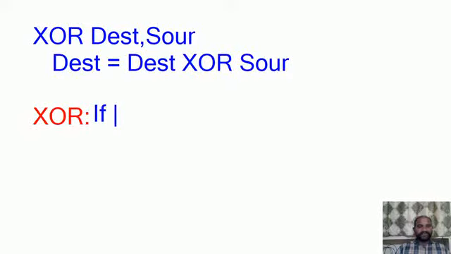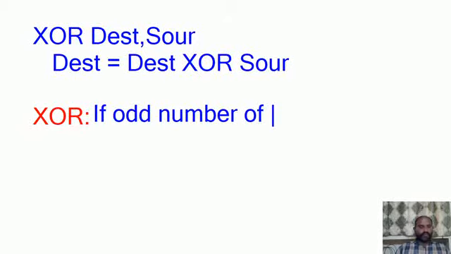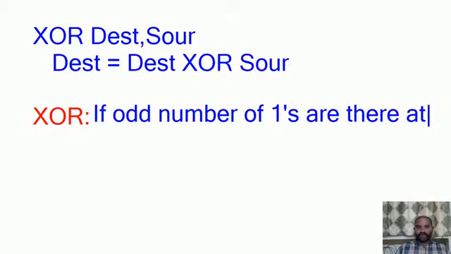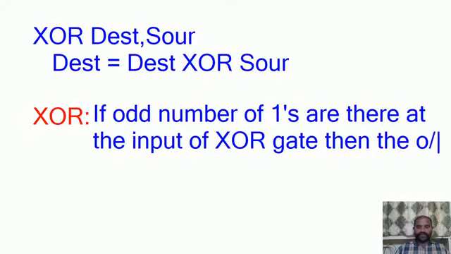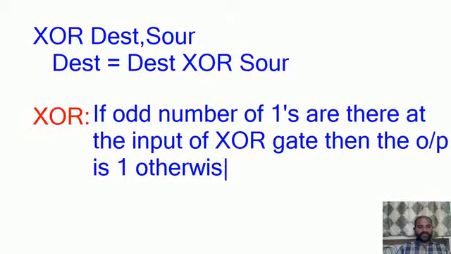Which means, if an odd number of ones are there at the input of the XOR gate, then the output, written in short as O/P, is 1, otherwise the output is 0.